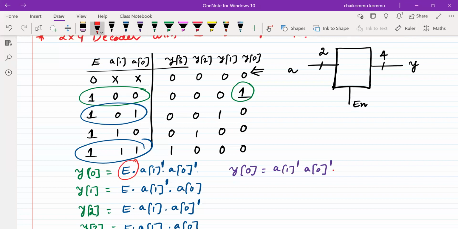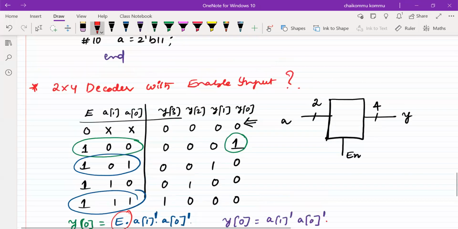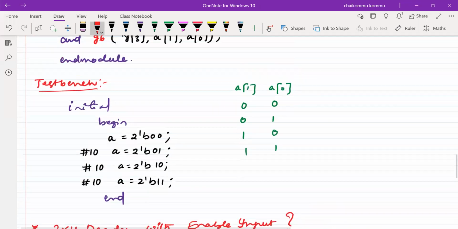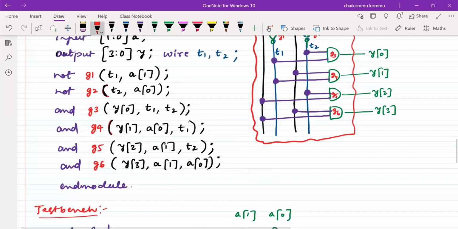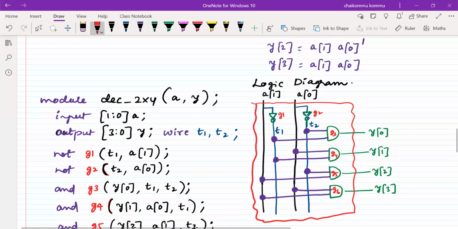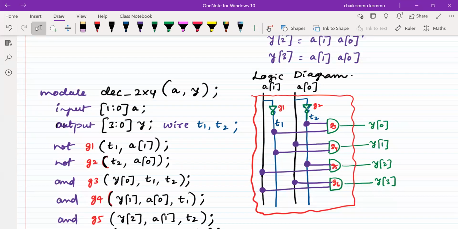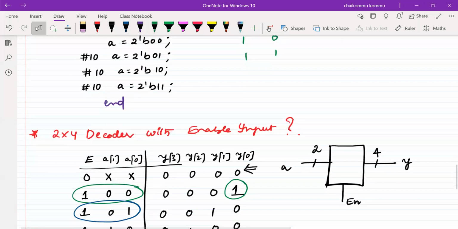What is the modification for this logical diagram? I need to write one enable signal here and add the enable signal for each and every gate, which becomes a 3 input AND gate, and we have to write the 3 input AND gate related description. Then we need to write a test bench for that also.